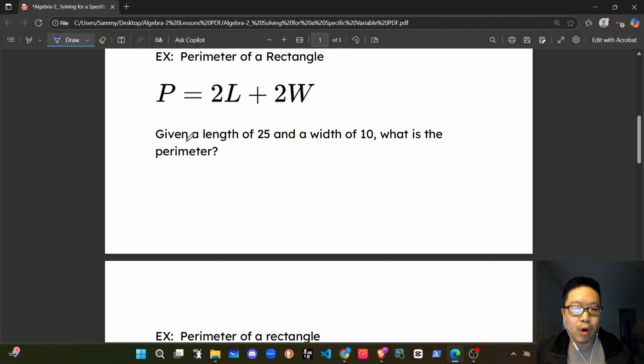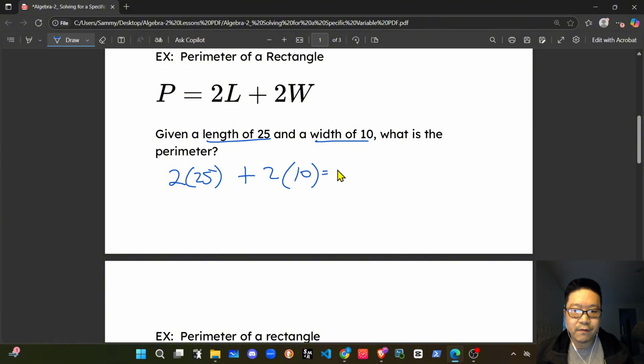Well, in this case, all we would have to do is plug in our known values, right? So to get the perimeter, we would simply plug in 25 for L, that's our length, plus 2 times the width, which is 10.